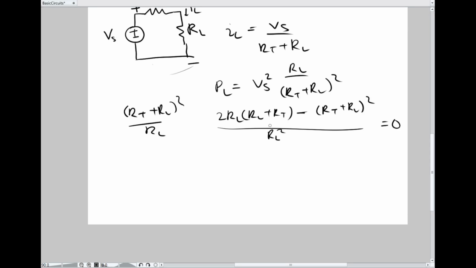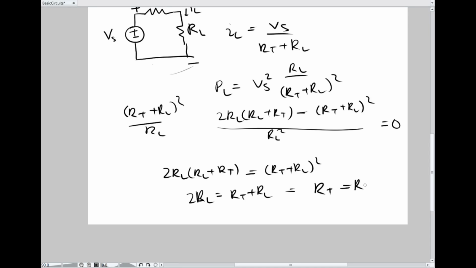So presume at the minimum this is not 0, and so we can multiply both sides by it. So we get 2RL times RL plus RT is equal to RT plus RL squared. And so this initially intimidating looking algebra really isn't that intimidating. It reduces to 2RL just equal to RT plus RL, and so RT equals RL, or RL equals RT.